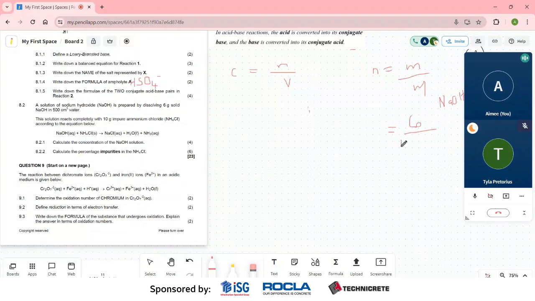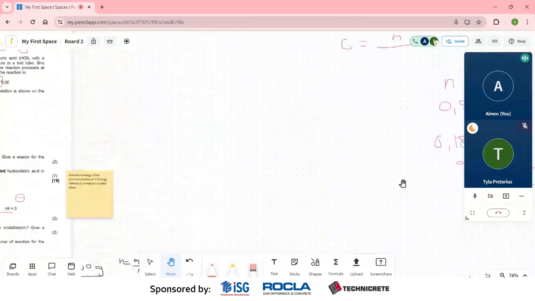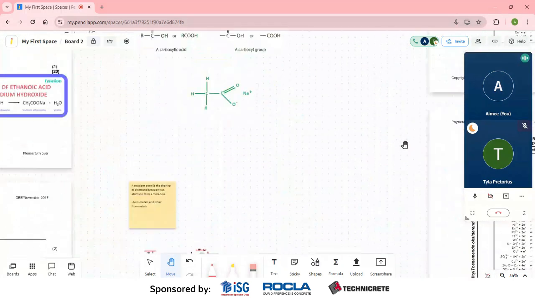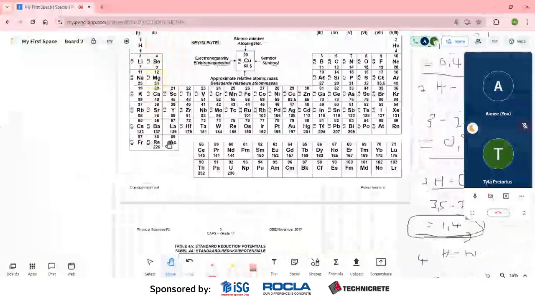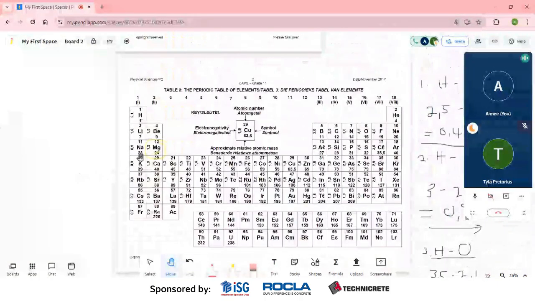So I know hydrogen is 1, I know oxygen is 16. I need to double check what Na is. I go back up to my periodic table. What is Na? Na is 23.